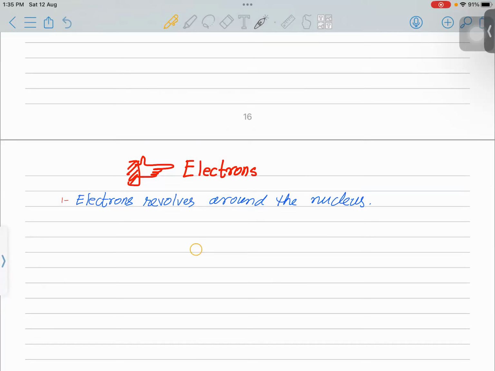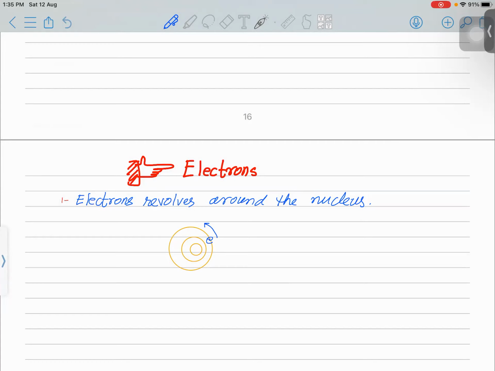This is your first shell, this is your second shell, and here you have the third shell.